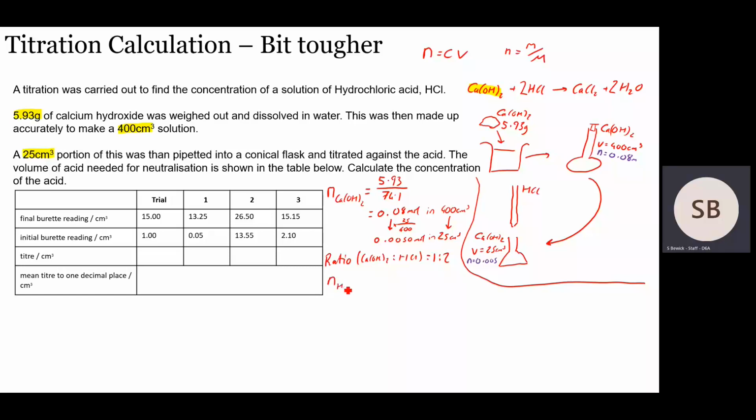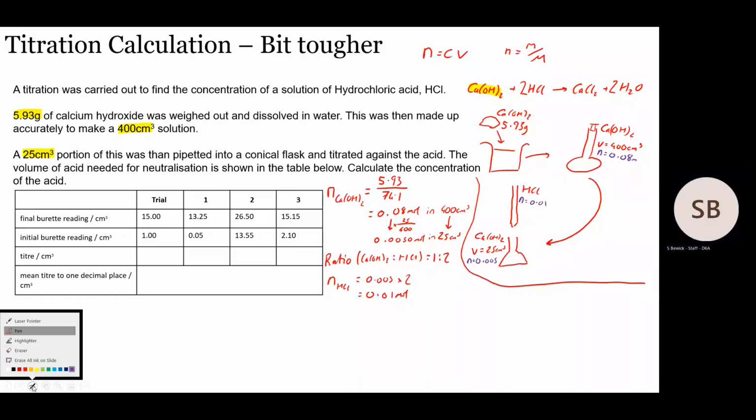So the moles of HCl is going to be 0.005, the moles of calcium hydroxide, multiplied by 2, which gives you 0.01 moles. So again, add it onto your diagram that you've already drawn. Number of moles equals 0.01.